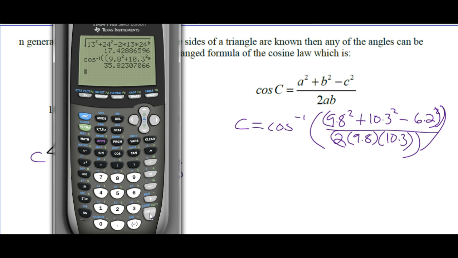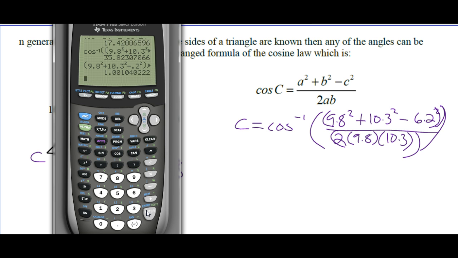So if you get a number, so here's what happens. Let's say I don't do the cos inverse. I just do cos C. So I work this out as 9.8 squared plus 10.3 squared minus 6.2 squared divided by bracket 2 times 9.8 times. Okay, I got like 1.001, right?